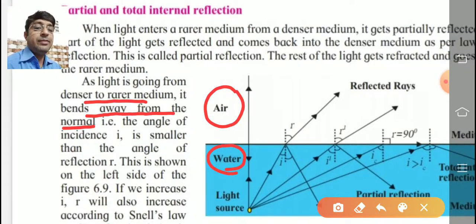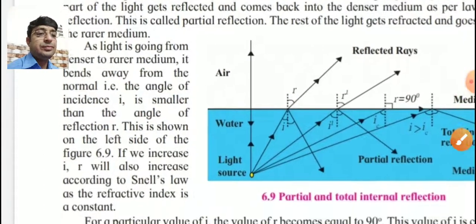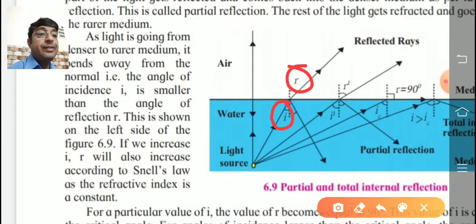It bends away from the normal, that is, the angle of incidence i is smaller than the angle of refraction r. Now check this: angle of incidence, and here angle of refraction. Inside this water medium, this is called the angle of reflection here.